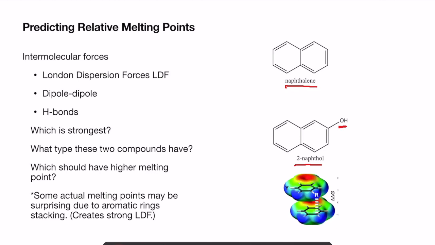Since naphthalene just has carbons and hydrogens, it would just have London dispersion forces, and 2-naphthol, which has the OH group and can form hydrogen bonds, would have the stronger intermolecular forces. Therefore it should be a little bit harder to melt, and should have the higher melting point.